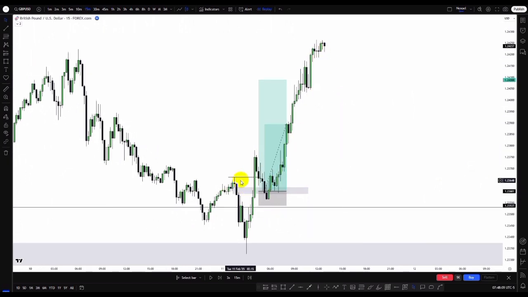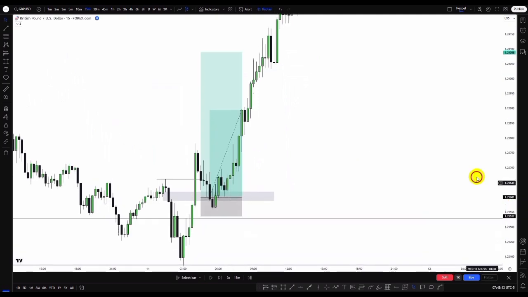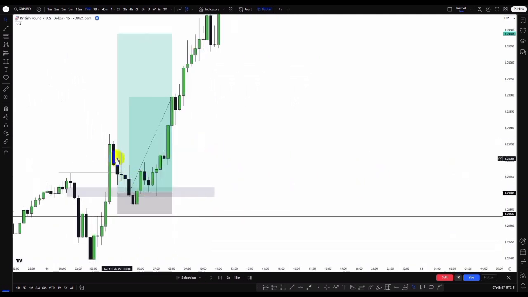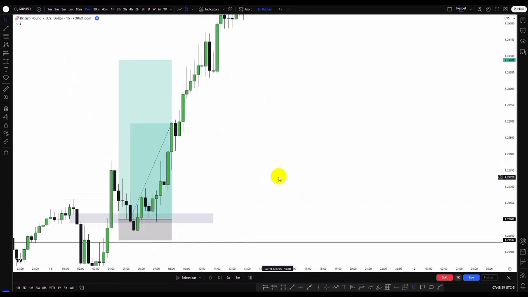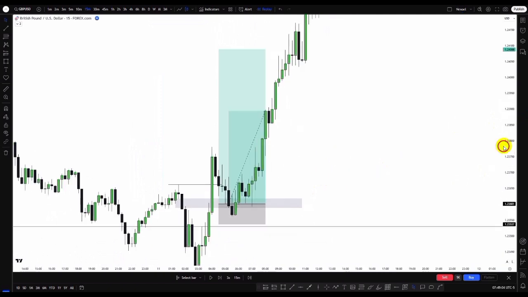We have the market structure shift here, and price gave this return. We can see how this cleared this high. Price gave a return to the upside. Now price fell to sell side liquidity, and now we can see bullish momentum to the upside. And this is 1 ratio approximately 8. So 1:8. It's a nice setup, it's a good setup.